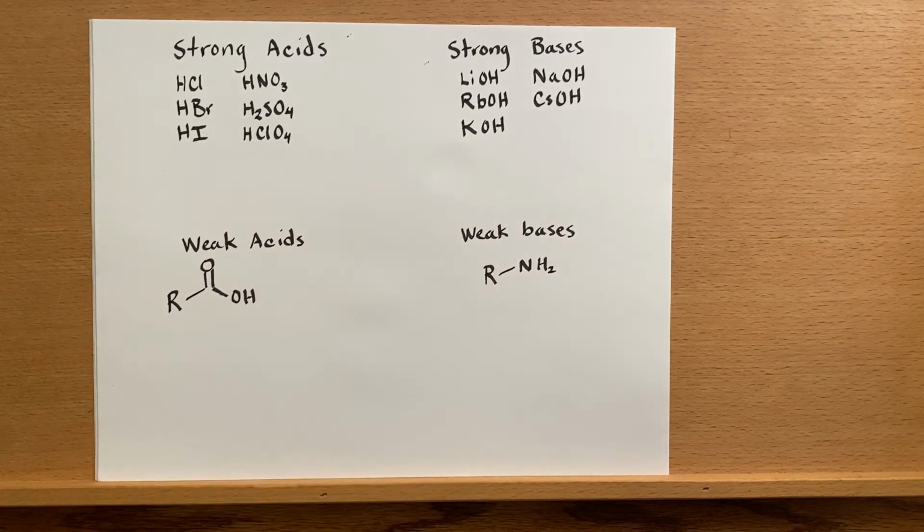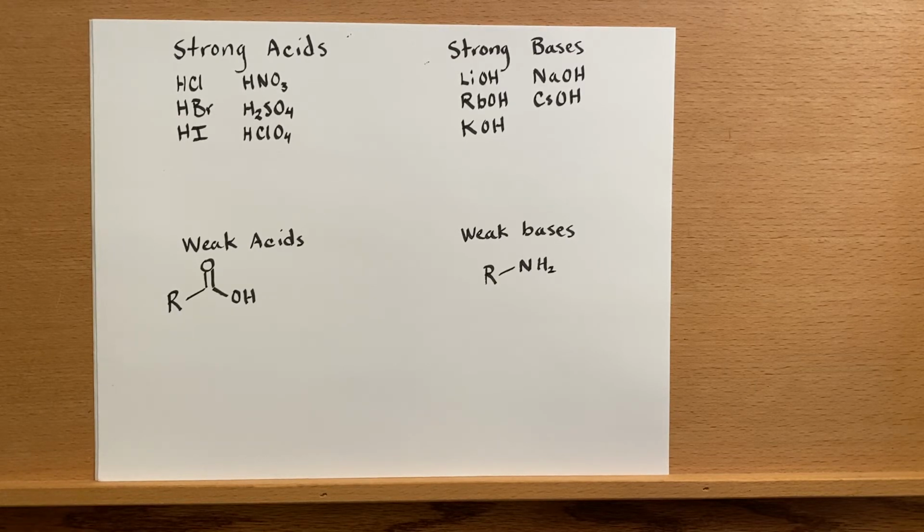Now, you might be asking, why are we going over the list of strong acids and strong bases? Well, the reason for that is they're very small lists. They're very short. And so it's possible to learn all of the strong acids and all of the strong bases that we would encounter. Conversely, there are thousands upon thousands of weak acids and weak bases.